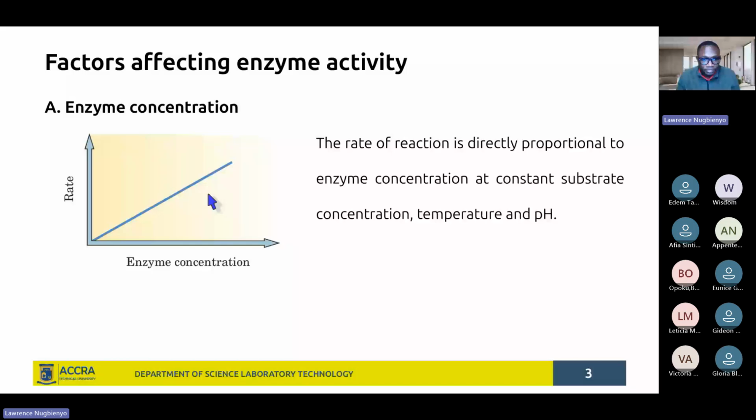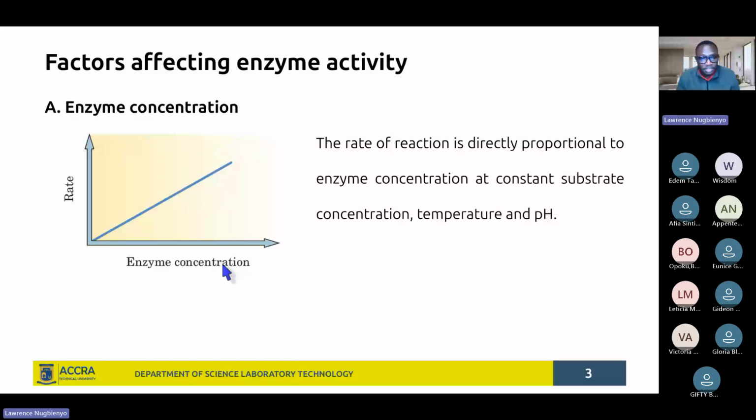So there is that direct proportionality between the rate of a reaction and enzyme concentration. Of course, that is all things being equal. When you have other conditions like temperature, pH, substrate concentration, all of these things kept constant, and enzyme concentration is being varied, then an increase will also result in an increasing rate of reaction.